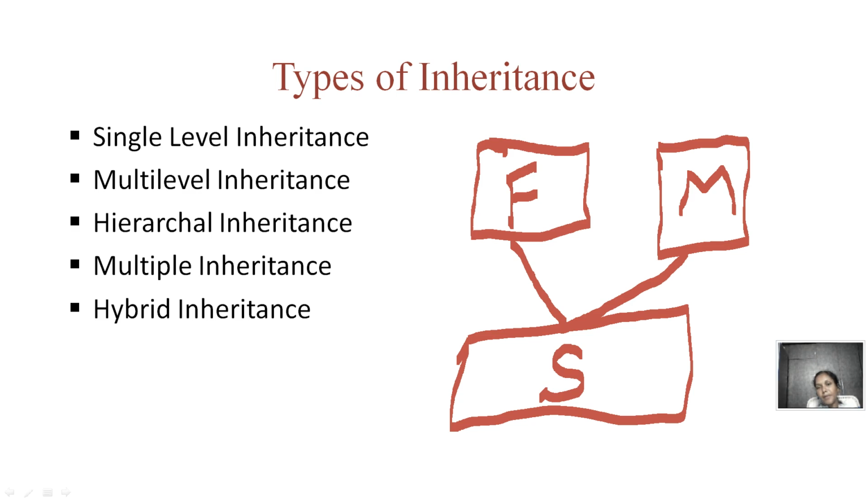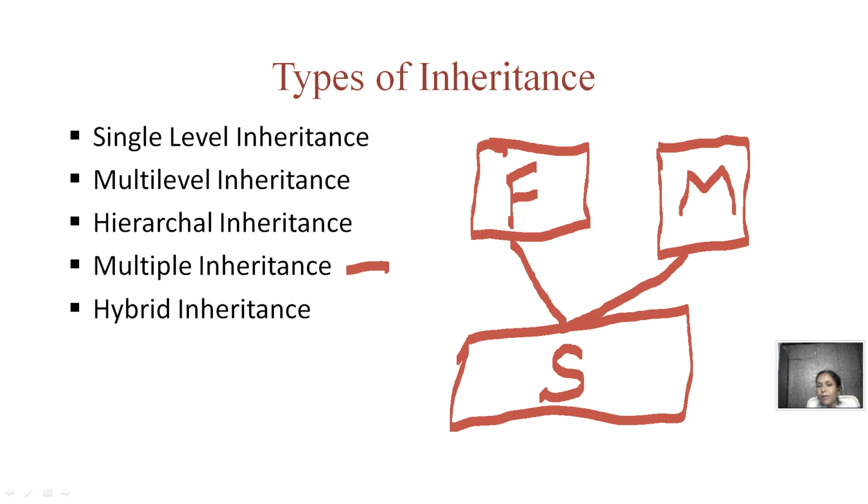So in the multiple inheritance, if you have observed the diagrammatic representation, it will be two base classes, father class as well as mother class. Two base classes. From these two base classes, one derived class. This derived class, son class, acquires the properties from more than one base class, which is father and mother.